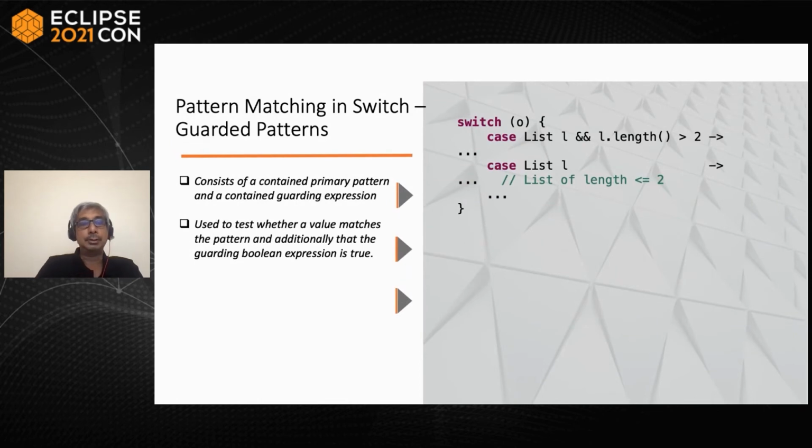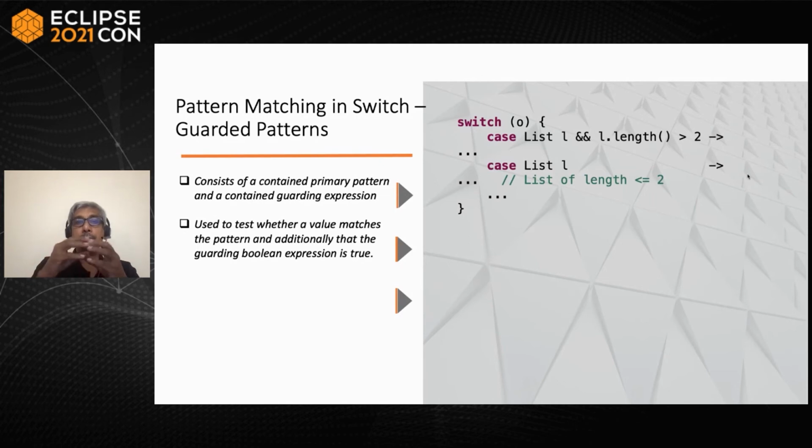Going a little further, the case statements are not exactly disjoint many times. For example, in this case, we are switching on an object, say o is an object, and then we have something called a guarded pattern. We can say if the object is a list l, and the length of the list is greater than 2, then you do something. If it's just a list, do something else.